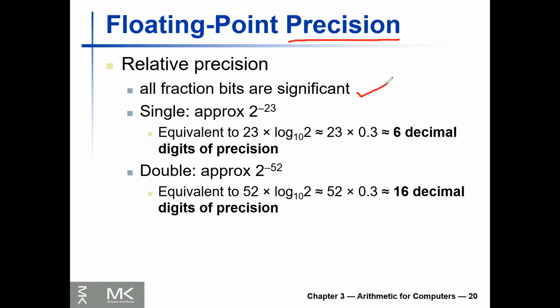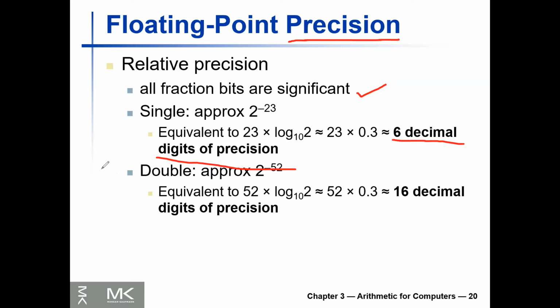In single representation we have approximately 2 to the power 23, which is equivalent to about 6 decimal digits of precision. If we have a decimal number like 5.0003, up to 6 places, we can easily store it using the single precision format.